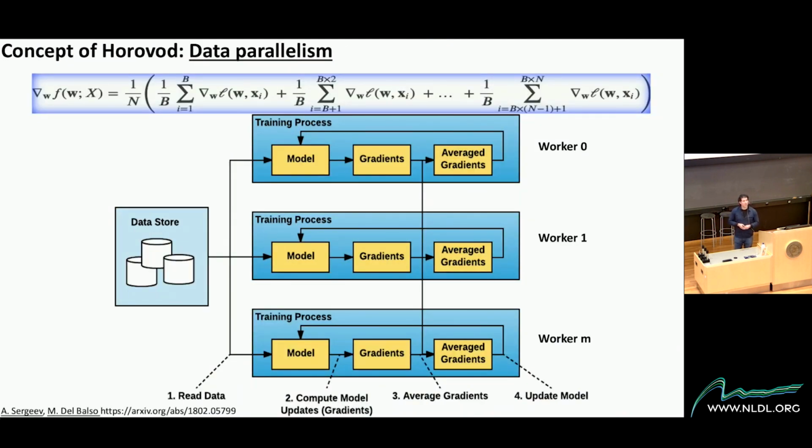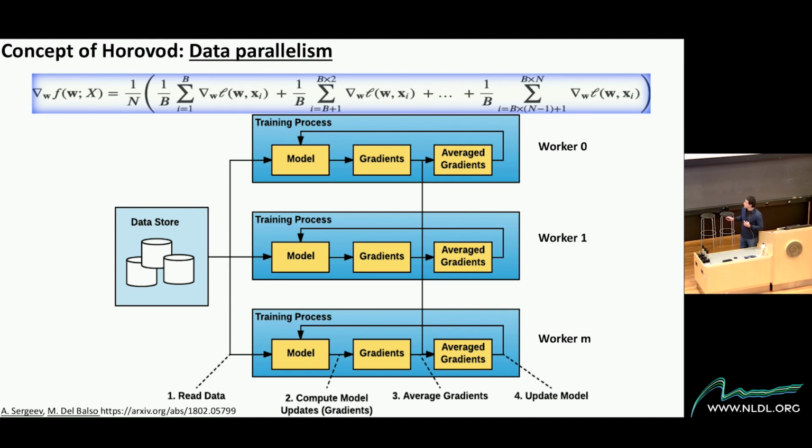To understand the concept of Horovod a little better, we have talked about data parallelism, and I'd also like to have this equation there so we can see the connection between this picture and the subgradient. I'm going to repeat it, but in a different way, in the context of Horovod. Initially, each worker reads a portion of data that will be fed to the model.